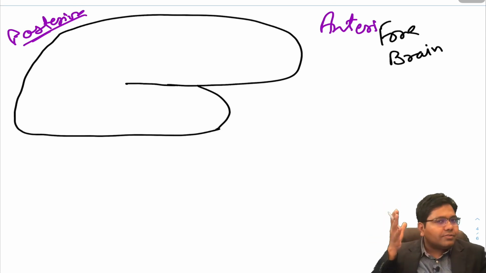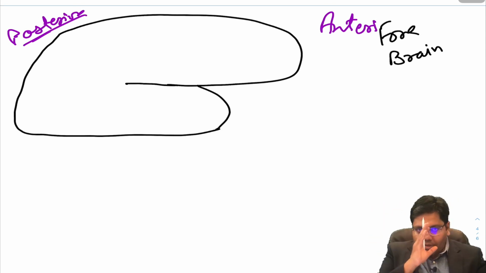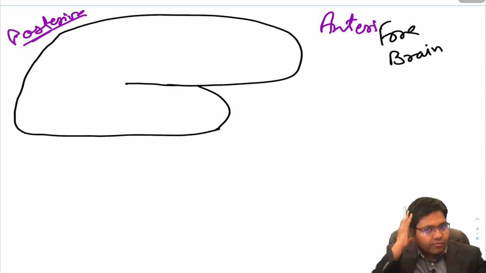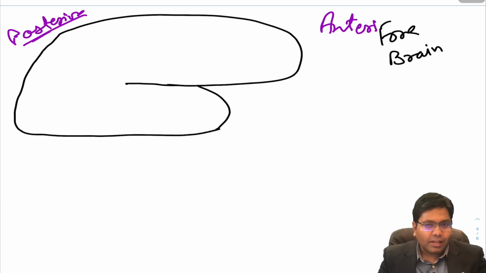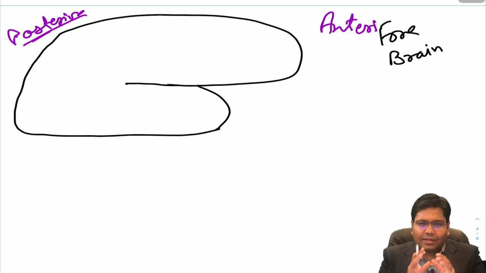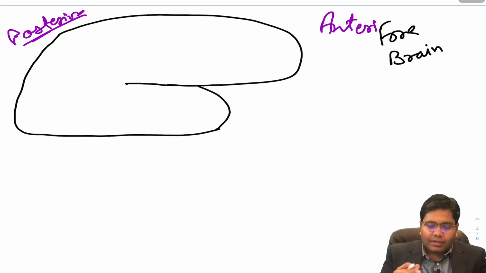Lateral side is something that is away from the midline. So this is the lateral view. You need to know a bit about the language of anatomy. I will put up a separate lecture for the language of anatomy, and I hope that will also help you understand the very basics of anatomy.